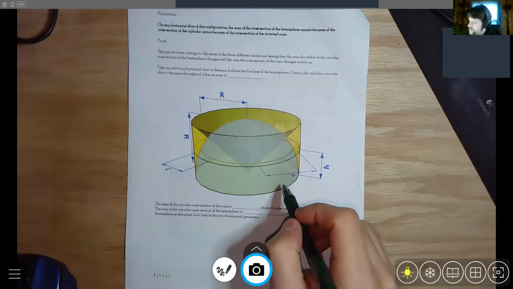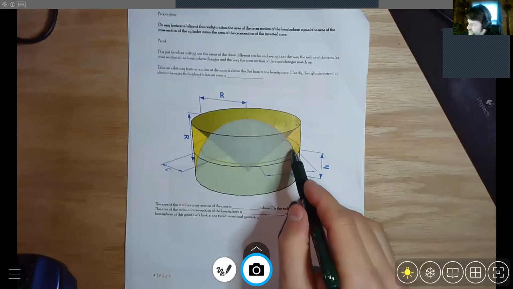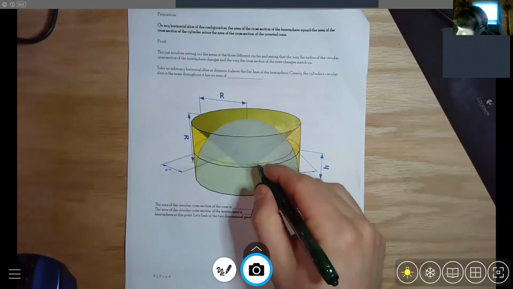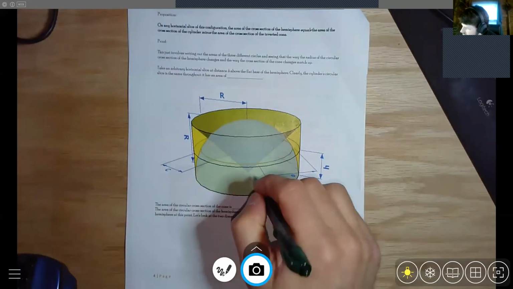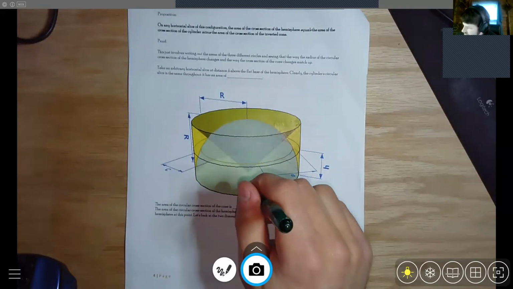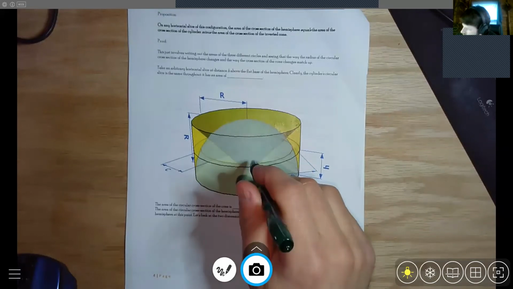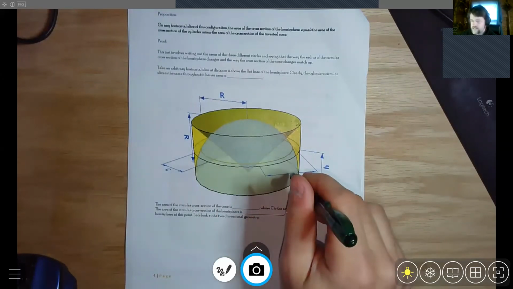And then s is the radius of this hemisphere at that spot. You notice how the hemisphere, at the very base, we know the radius is r. But as we move up, the radius is changing, right? It's getting smaller and smaller as we go to the top. So at the spot where it's cut, we're saying the radius is s.